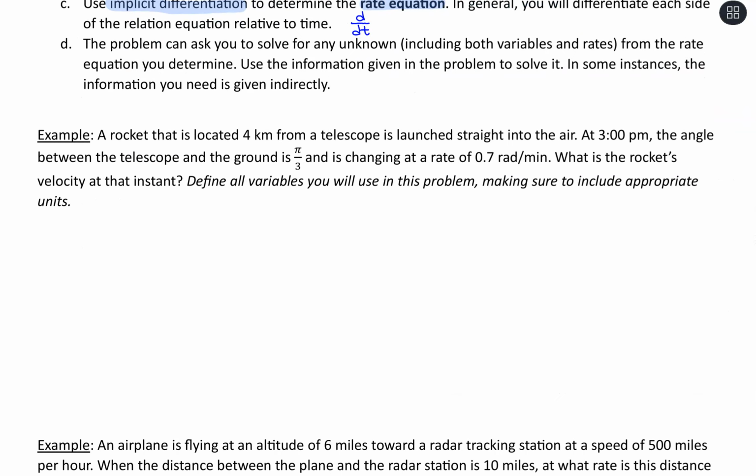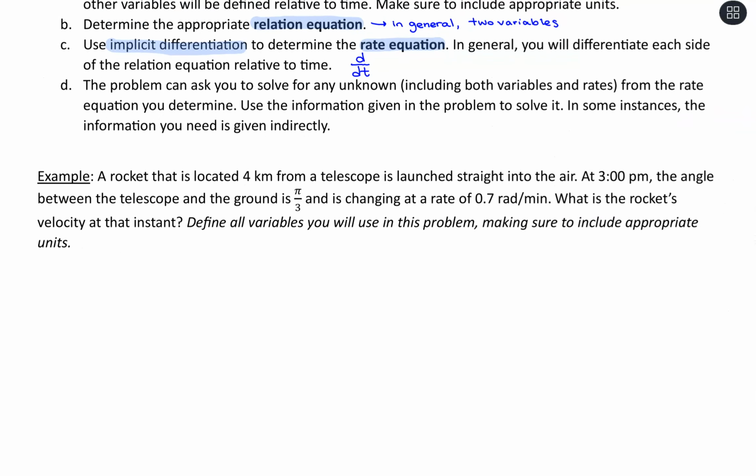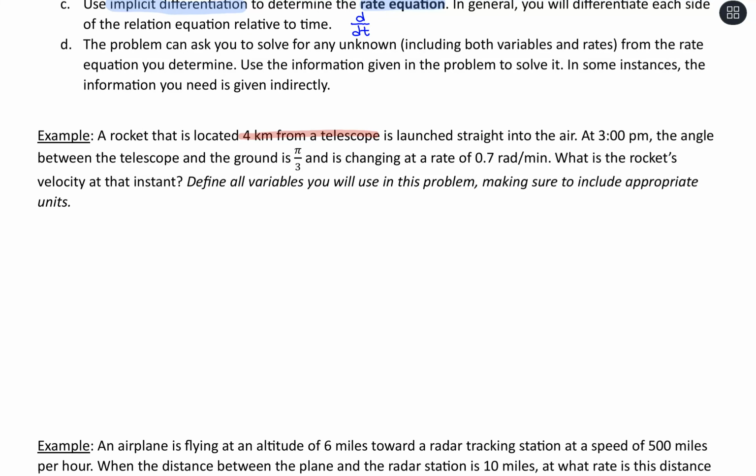Okay, so first scenario here, we have a rocket is located 4 kilometers from a telescope, and it is launched straight into the air. And what I'm going to do is I'm going to get a picture going, and I'm going to just already apologize for my silly cartoons that I draw, but hopefully it'll get the point across.